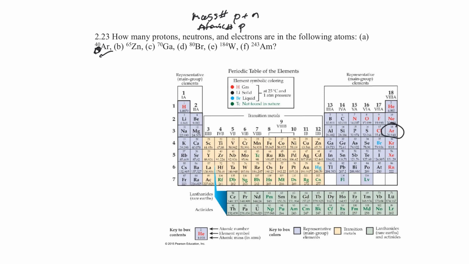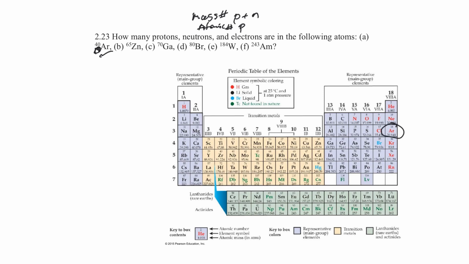If it's a neutral atom, which argon is, it would have the same number of electrons as it has protons. So when you want a proton number, you're looking for atomic number. When you want electron number, you're also looking for atomic number. And when you want neutron number, you take the mass number, subtract the protons. And that's how you do it.